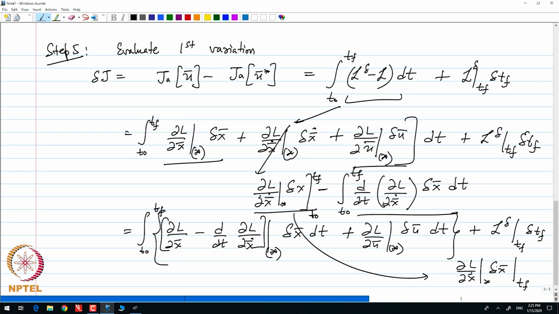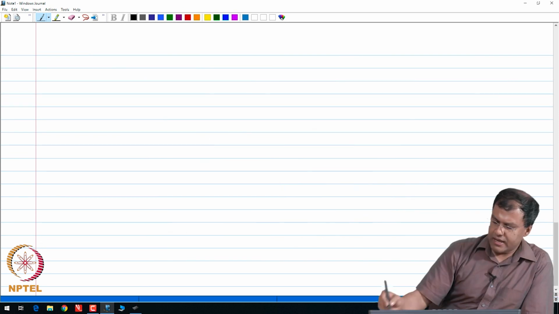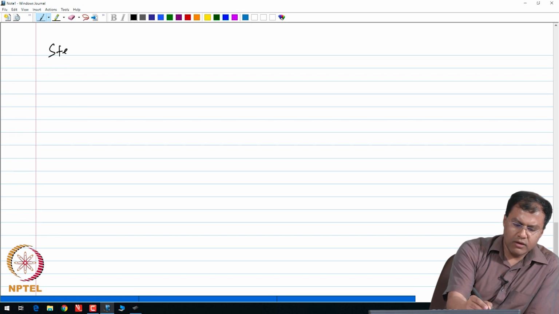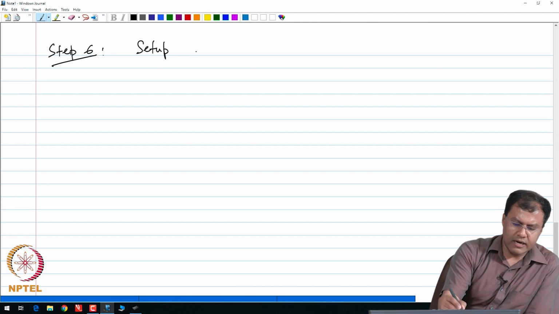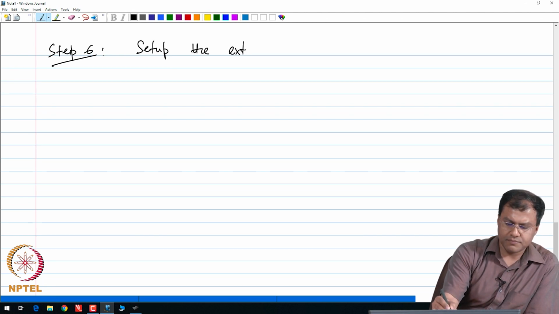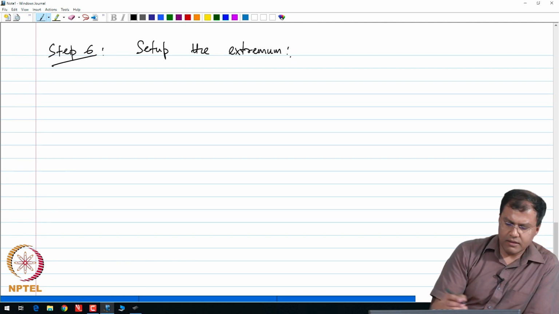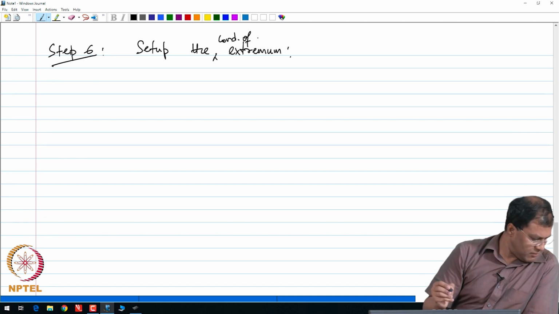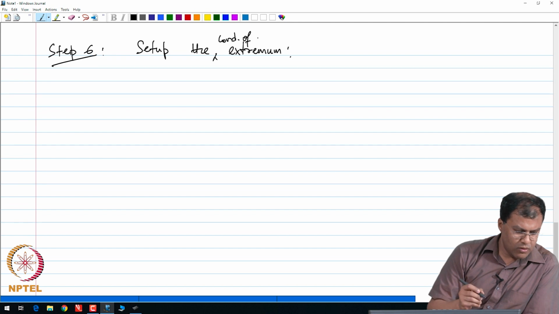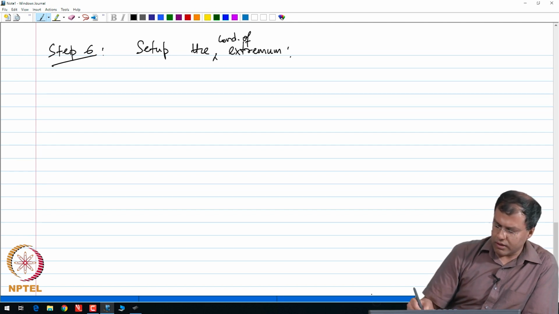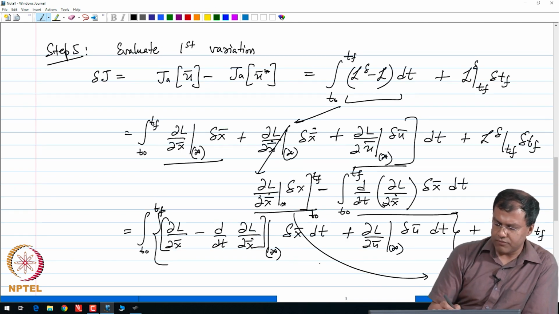So, that is my step 5. My next step is to take the extremum, to set up the conditions of the extremum. Let us look at the integration once more.